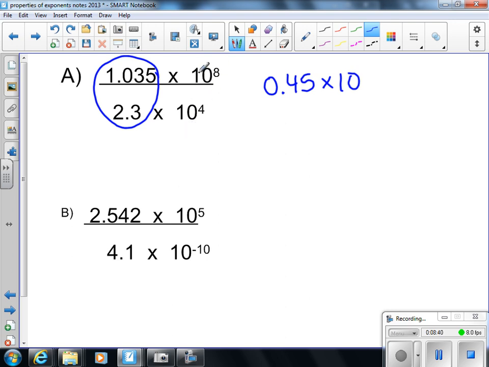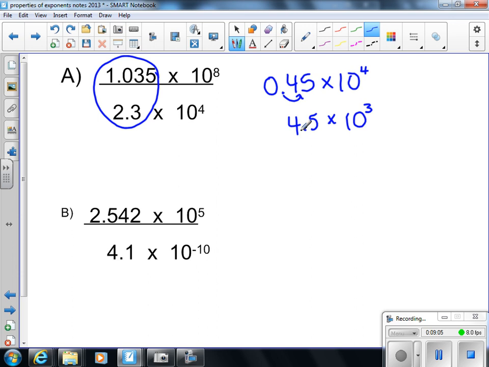It's just like if those were both n's or x's. I can subtract my powers. 8 minus 4 is 4. Now, this is an answer, but is it true scientific notation? No, I have to move my decimal one more to the right, which causes what to happen to my power now? It goes down. Very good.